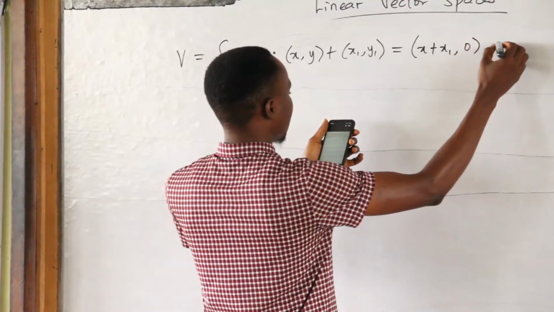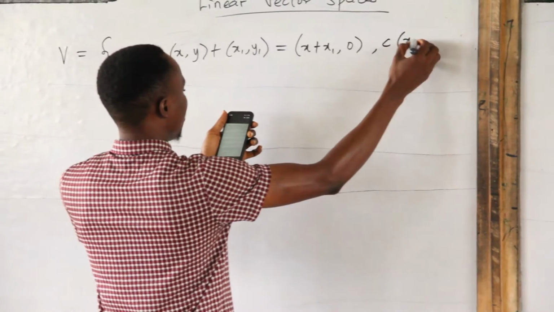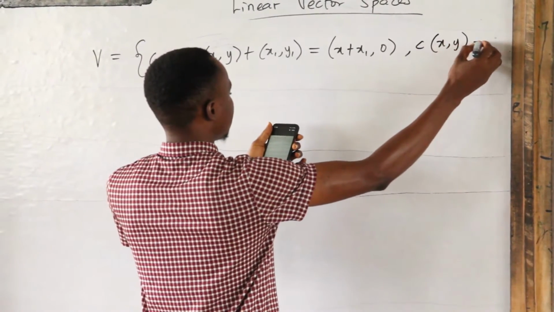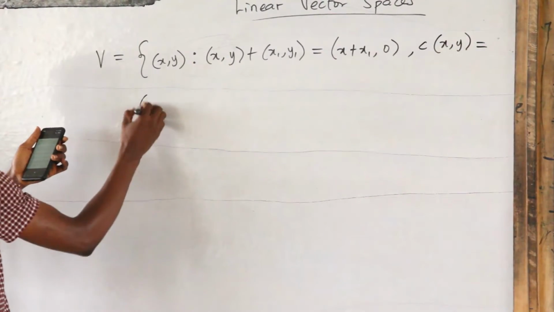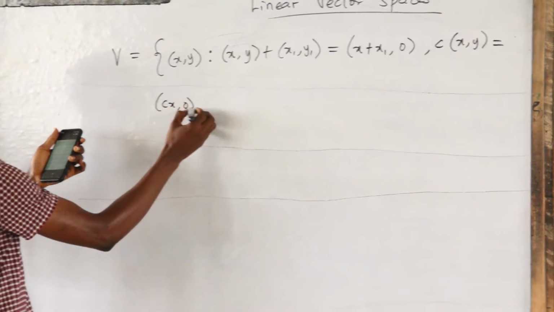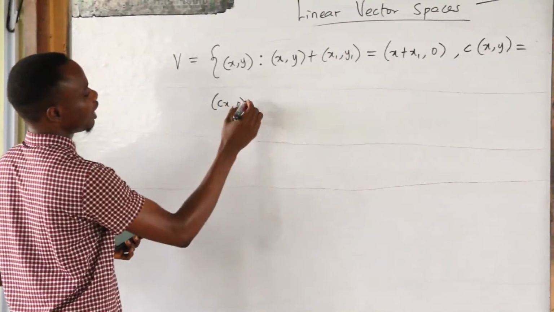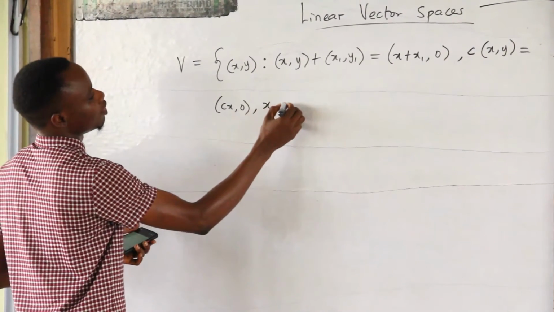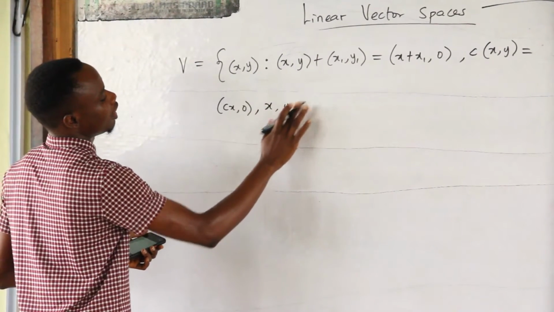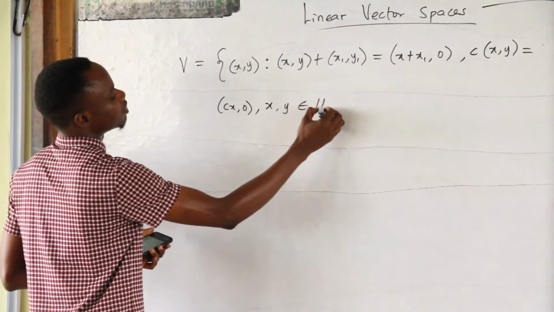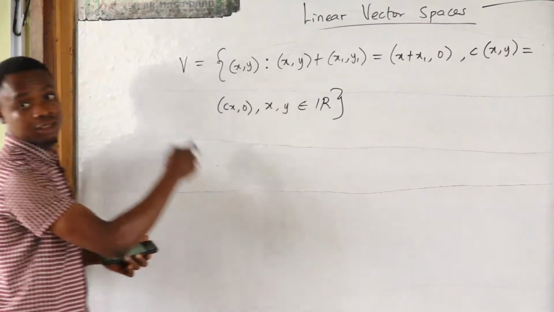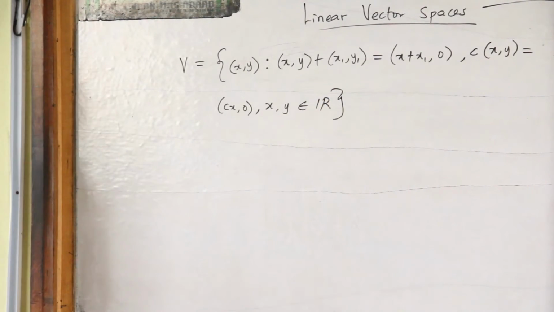And when I carry out the operation c of (x, y), this is going to be equal to (cx, 0). So I can add the condition that x, y, of course, are elements of R. So this is an alternative definition. Is it making sense to you?